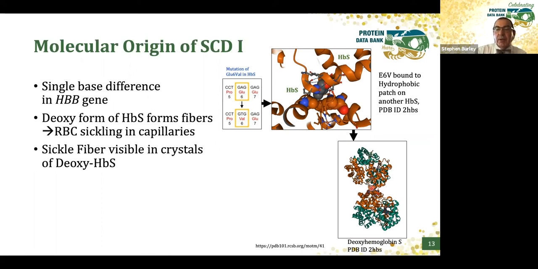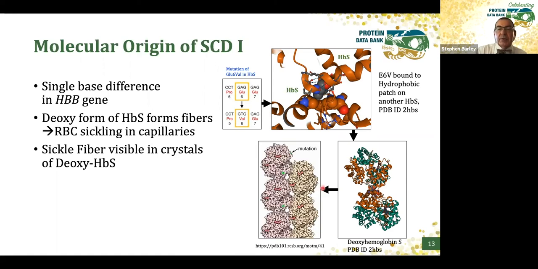They come together in the crystal and in turn form an arrangement like this. The mutation is here at this green position, and you can see the interactions between successive heterotetramers in this assembly, generating this fiber-like appearance.